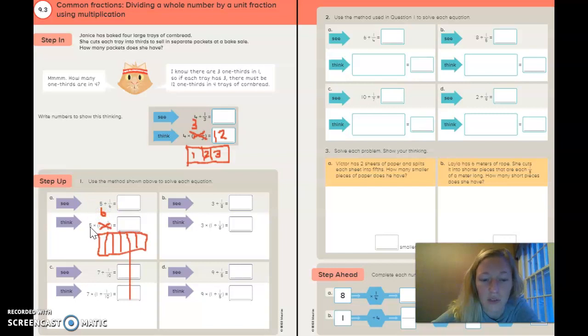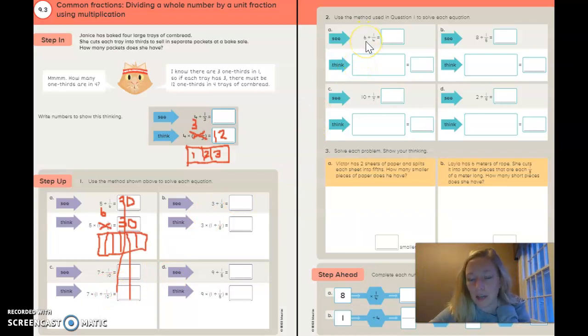Now to solve this problem, I just have to take 5 times 6. I know that's 30. So my answer here to both of these problems would be 30. Okay, so I'm going to have you go ahead and try the rest of these, B, C, and D, and we'll try this one together.